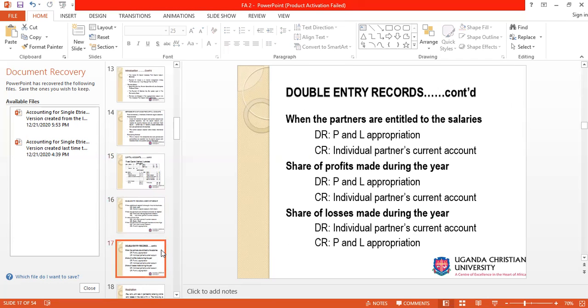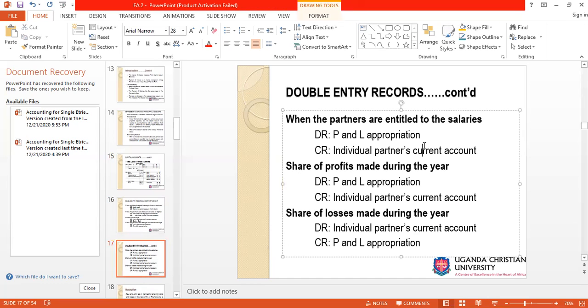We have more entries. When the partners are entitled to salaries, the salary will reduce the profits of the business, but will increase the partners' balances. If we are using the fluctuating method, the credit will be on the capital account.